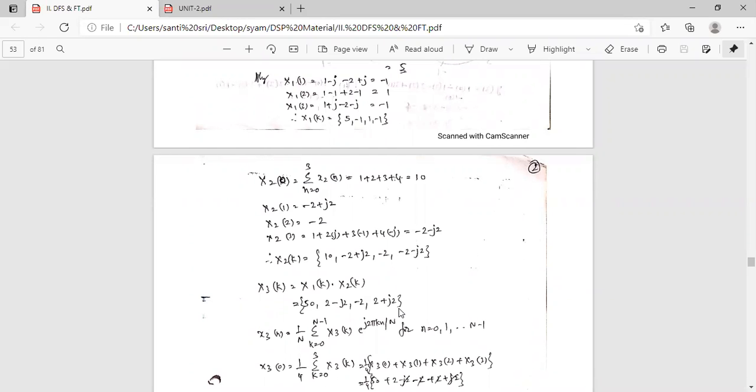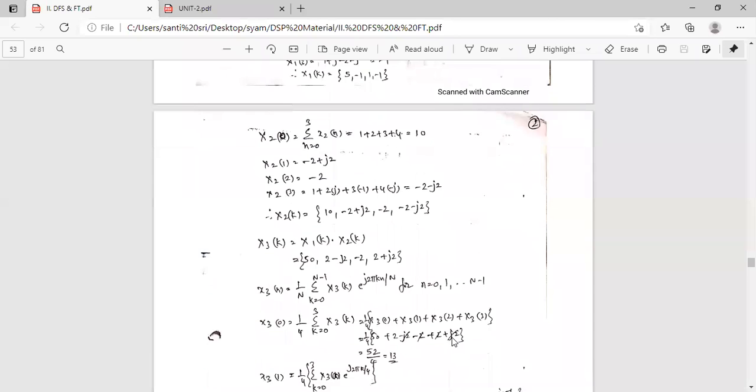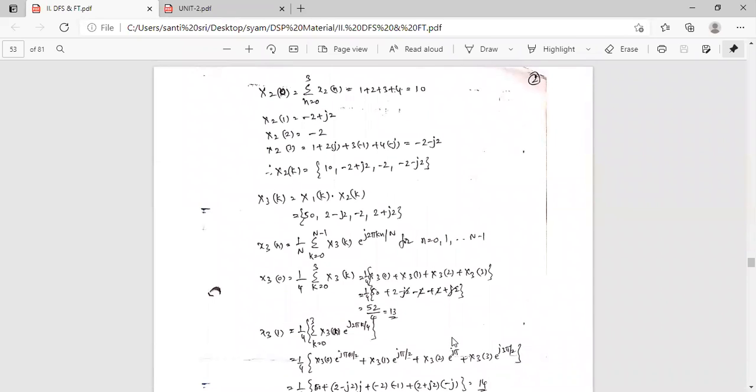So this is the DFT. Then coming to the inverse DFT, x3 of n equals 1 by n into sigma k equal to 0 to n minus 1 of x3 of k into e power plus j 2 pi kn by n, for n varying from 0 to n minus 1. In the same manner, we find x3 of 0, 1, 2, 3 by substituting these values.